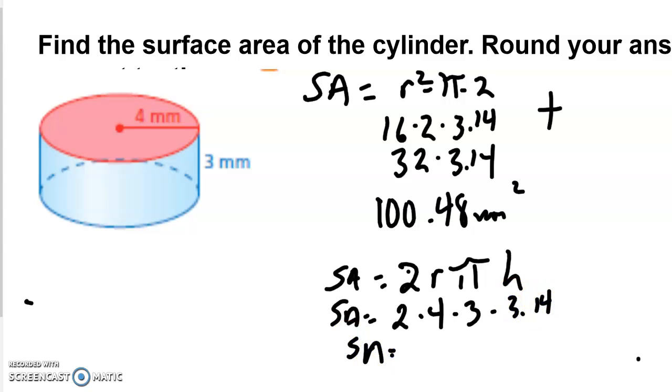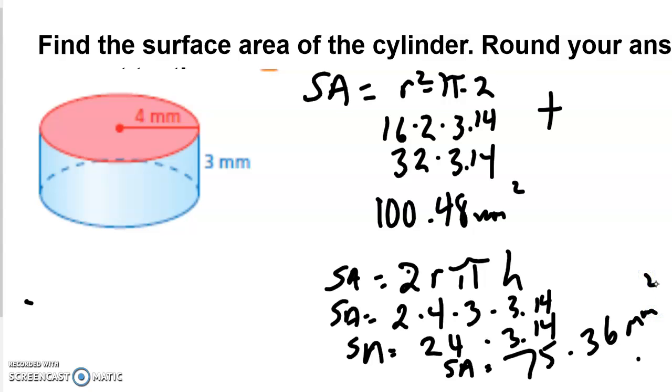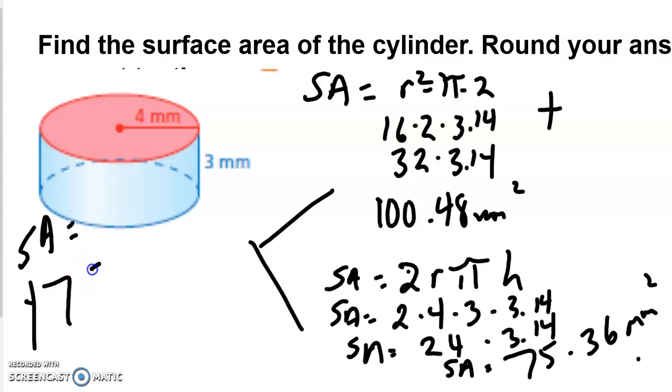So we are talking about 24 times 3.14. That for the lateral surface area is going to give us 75.36 millimeters squared. And since we're talking surface area of the whole thing, I put it together and I get surface area equals 175.84 millimeters squared.